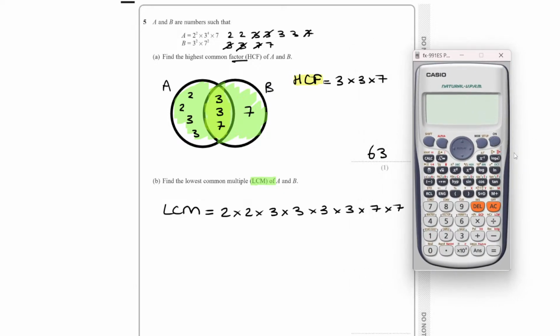So let's get that. 2 times 2 times 4 3s, and then 2 7s. Okay, make sure I've got that right. Yeah, so we've got 15,876.